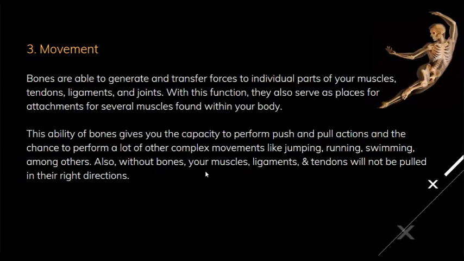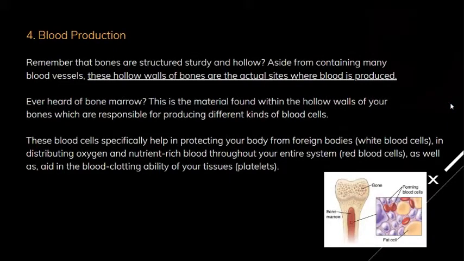And last is for blood production, no? Remember that bones are structured, sturdy, and hollow, nabanggit natin kanina. Aside from containing many blood vessels, these hollow walls of bones are actual sites where blood is produced. Ever heard of bone marrow? Yung nasa loob na nabanggit natin kanina. This is the material found within the hollow walls of your bones, which is responsible for producing different kinds of blood cells.